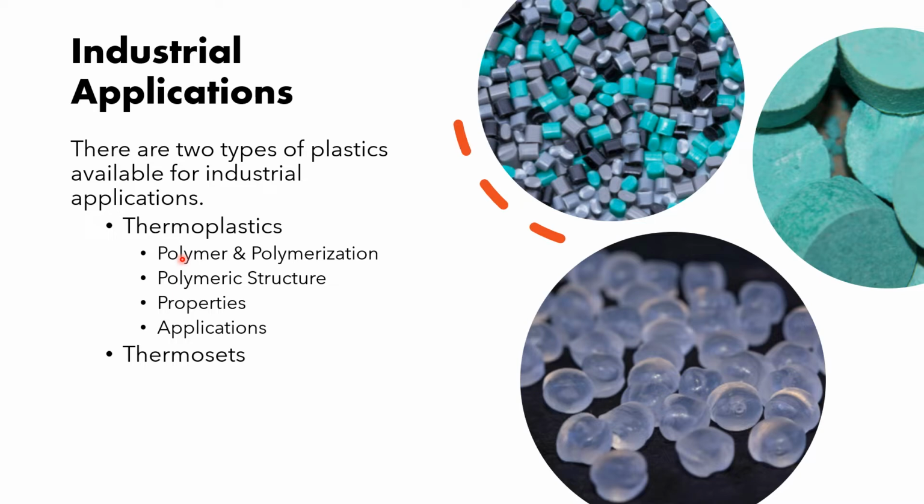So Unit 5, Parts 1 and 2, we're going to concentrate on studying thermoplastics. Parts 3 and 4, we're going to get into thermosets. In thermoplastics, we're going to take a look at polymerization, the plastic structure, and the process we use to chain the monomers together. And properties, and we're going to concentrate on applications.